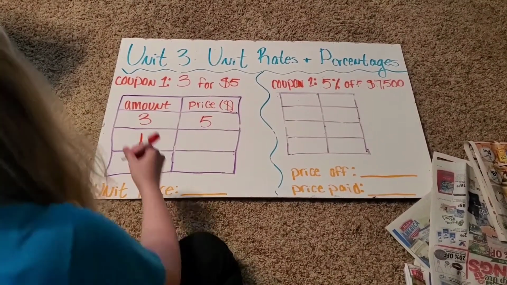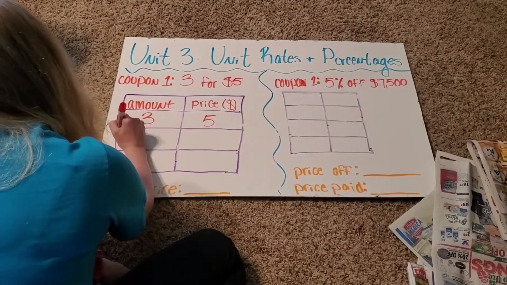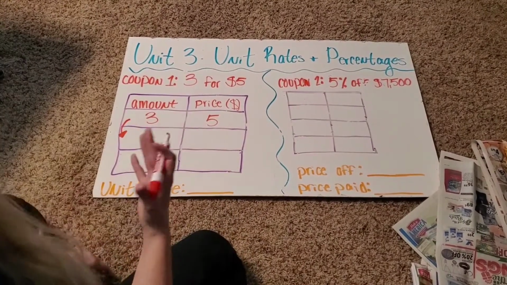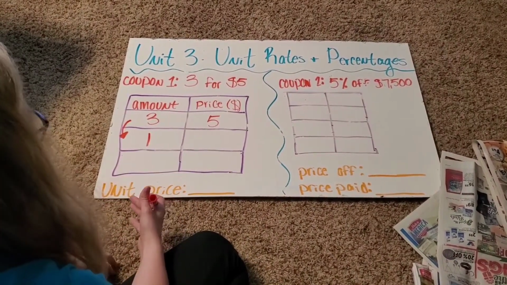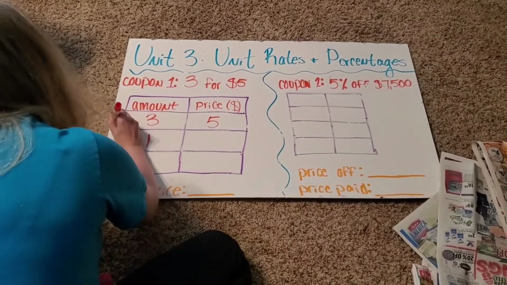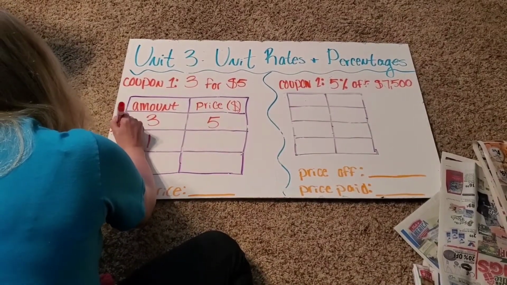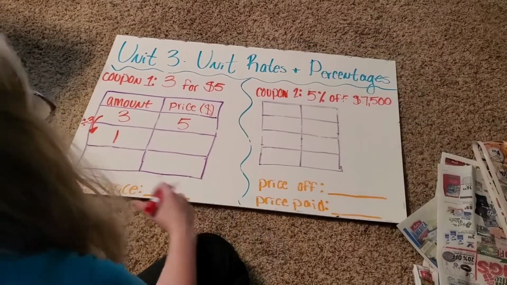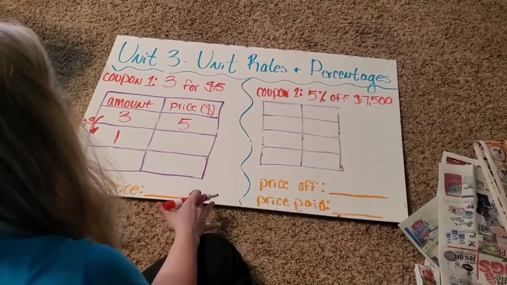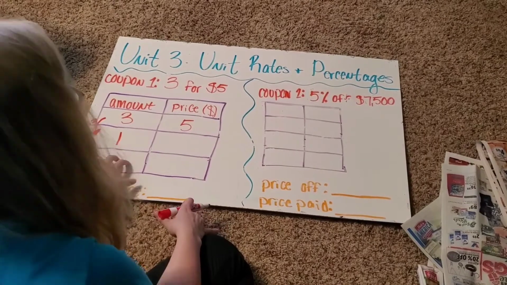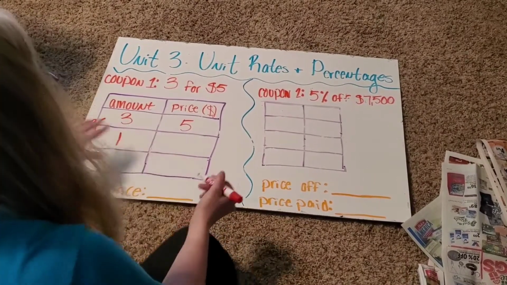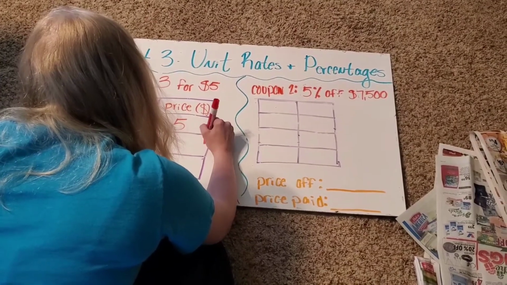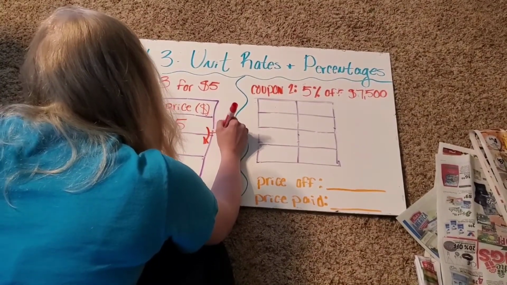And this is just a ratio table, so I need to figure out how do I go from 3 down to 1 using either multiplication or division. And I know, well, 3 divided by 3 will give me 1. Since this is a ratio table, whatever I do to one side of my table, I have to do to the other. So I'm actually going to divide 5 by 3.